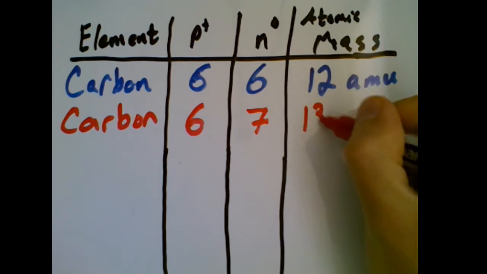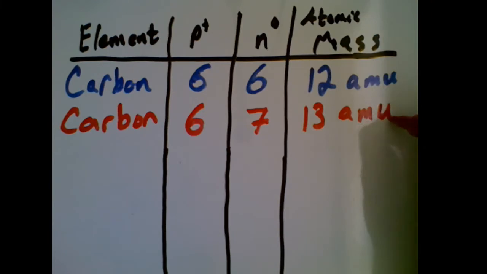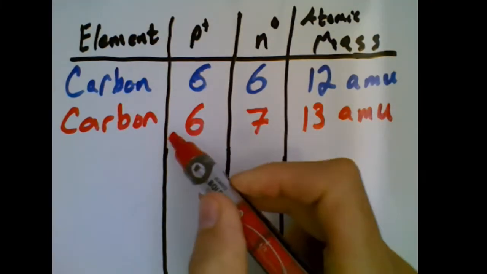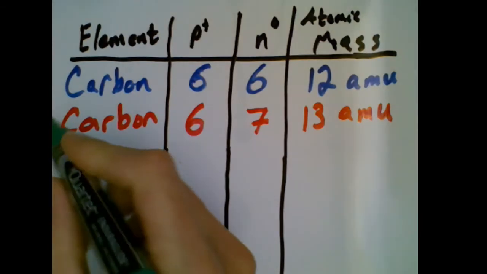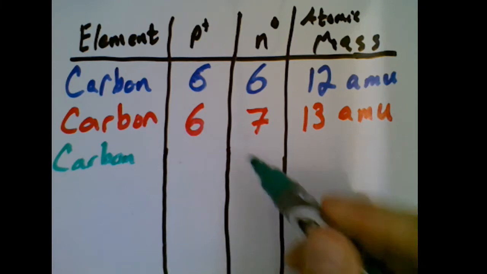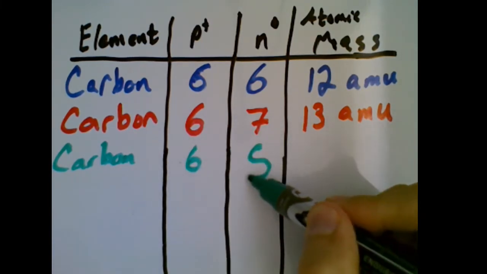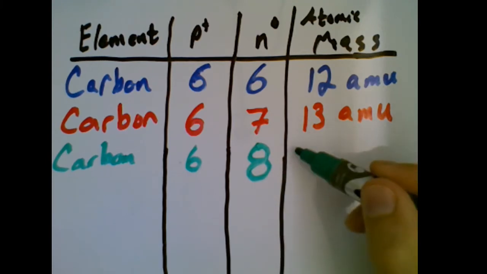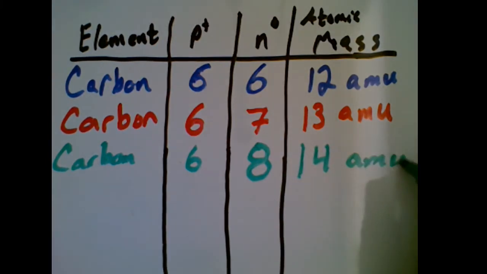It has an atomic mass of 13 atomic mass units, right? Just the protons added to the neutrons. But there's also carbon that has its 6 protons, like always, but 8 neutrons. And that gives it 14 atomic mass units as its atomic mass.